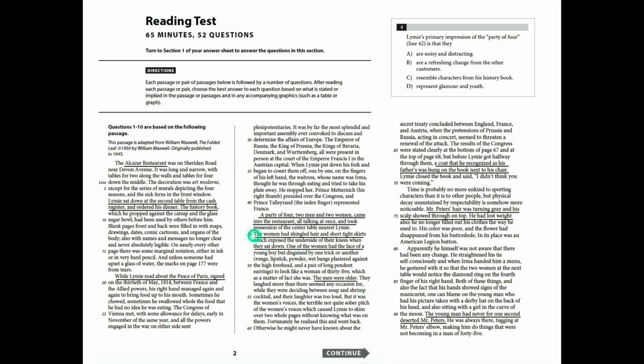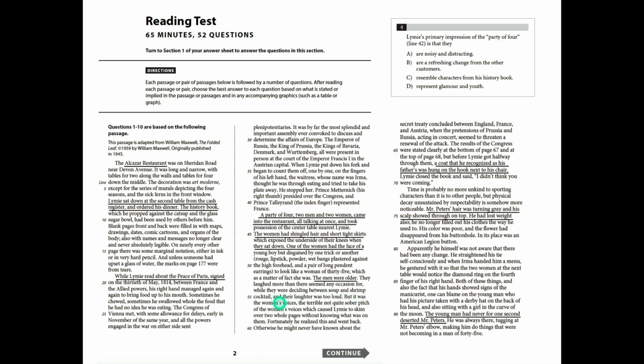Okay, so in lines 45 to 55, the author is describing some of the 4 characters that entered the restaurant. And then starting here, they laughed more than there seemed to be any occasion for while they were deciding between soup and shrimp cocktail, and their laughter was too loud.